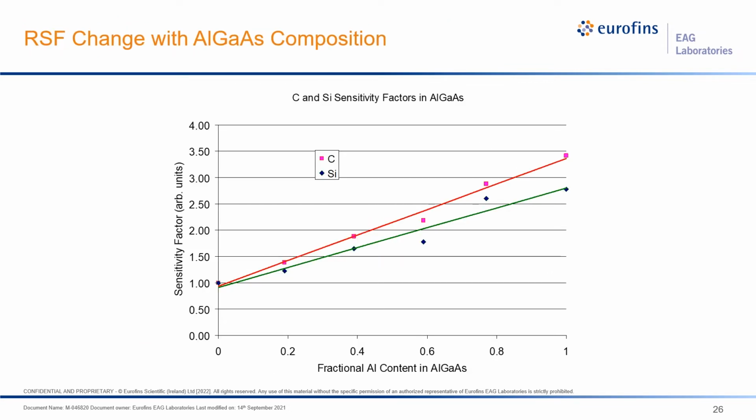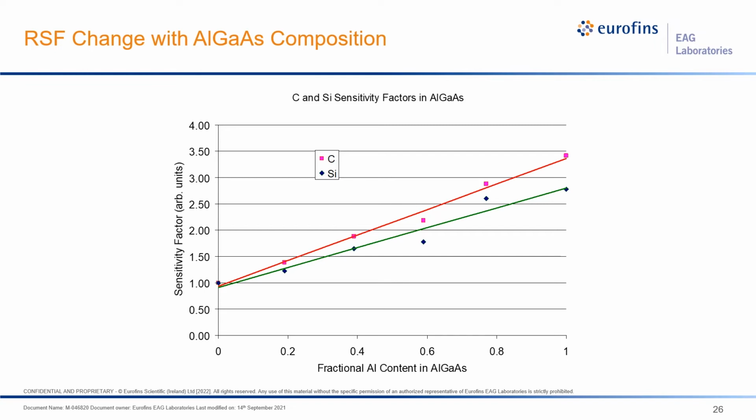So let's look at just the AlGaAs example in the previous slide. We're looking at the RSF, or the sensitivity factor, calculated for carbon and silicon for different AlGaAs samples varying in aluminum content. This is gallium arsenide, and this is aluminum arsenide.